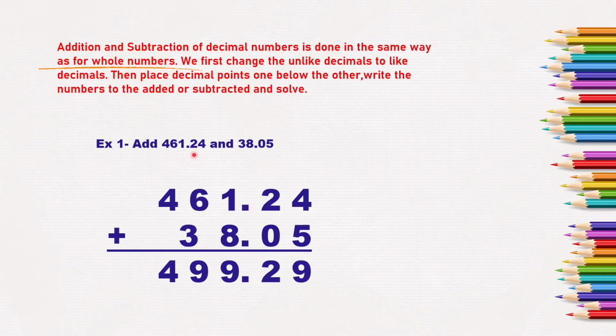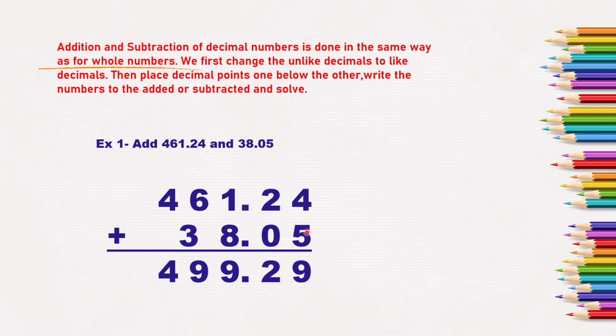But here we need not convert it into like decimals because it's like decimal itself, right? When the number of digits are same after the decimal point, it is called like decimal. So both the numbers are like decimals, so we need not convert. We'll just write the numbers one below the other according to their place values and add.